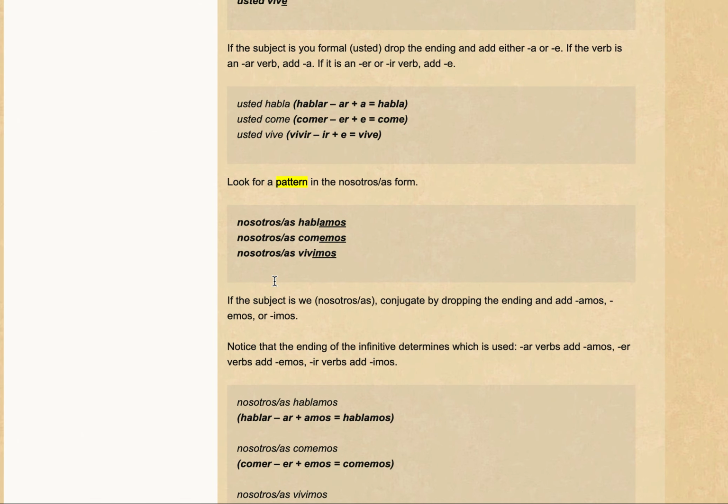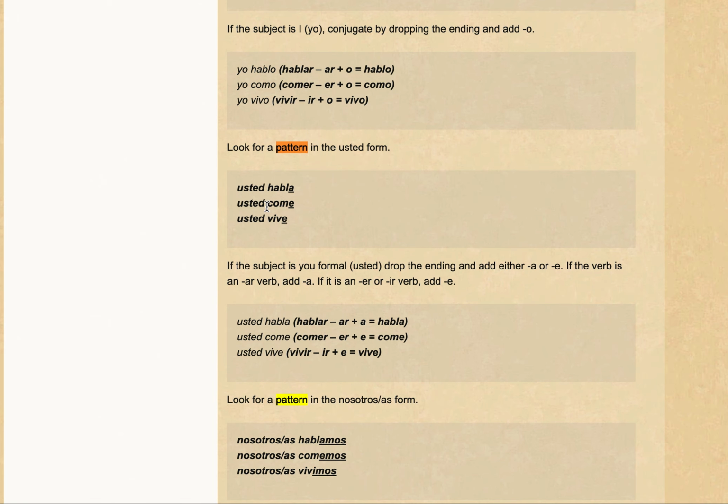The second one that you're going to see is usted. So usted is a more formal way to address someone, for the you form, right? If it's someone elder to you, you would probably use usted.